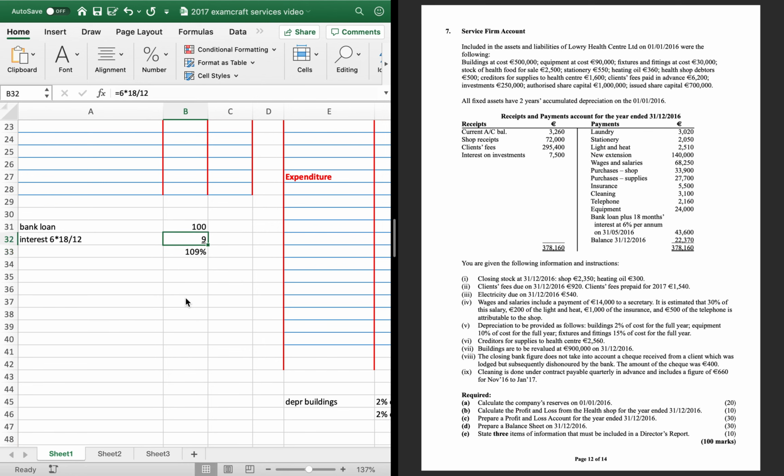Okay, so it's 100% and 9%. So 109% is equal to 43,600. The loan is going to be the 100%, so we need to work out what that is. So the loan is 43,600 divided by 109, multiplied by 100.